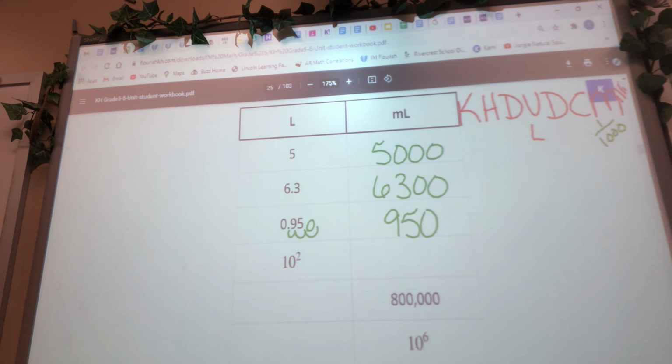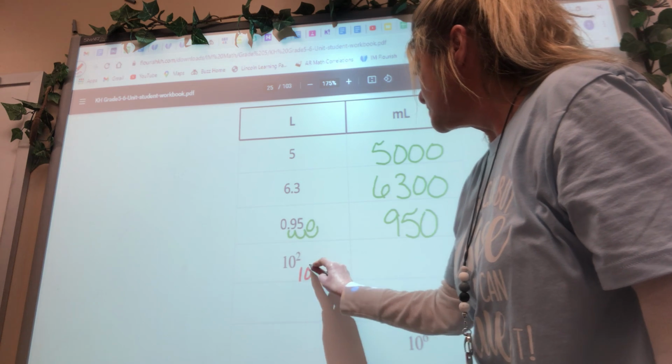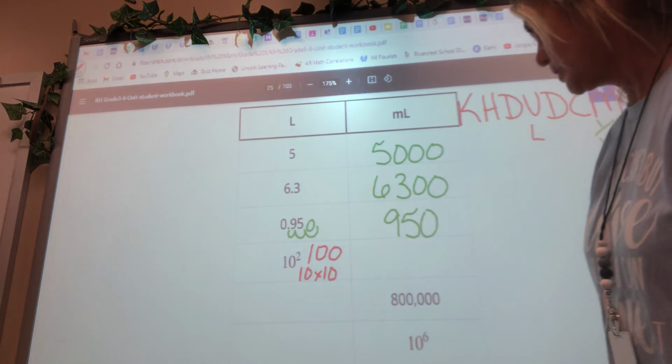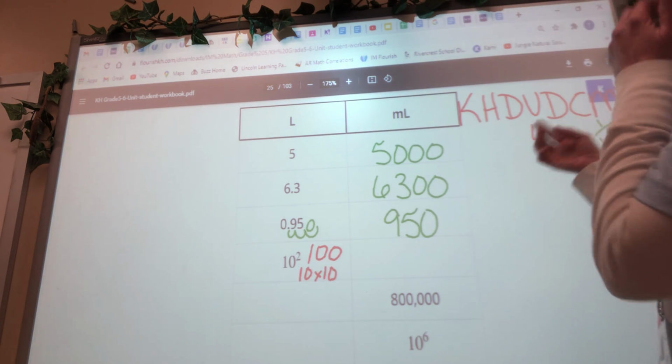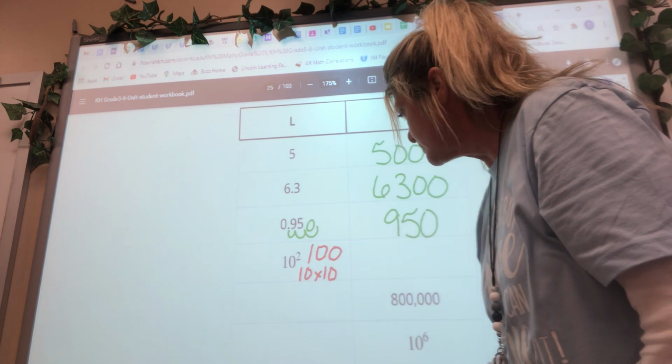All right, this weird one is 10 to the 2. What does that mean, 10 to the 2? Oh, yeah, that means 2 multiples of 10. So 10 times 10, so I know that's 100, okay? So if that's 100 liters and I'm trying to get to milliliters, that's still a move of 3 multiples of 10.